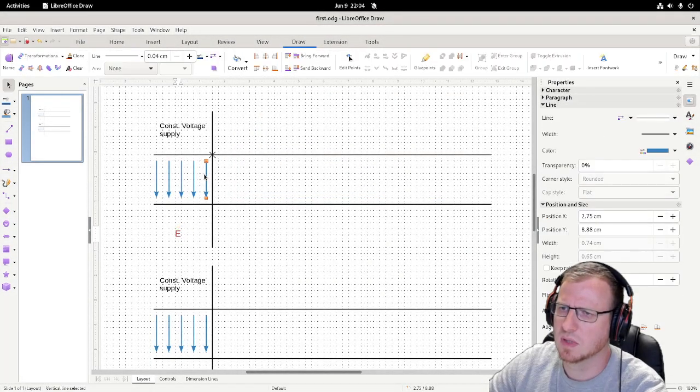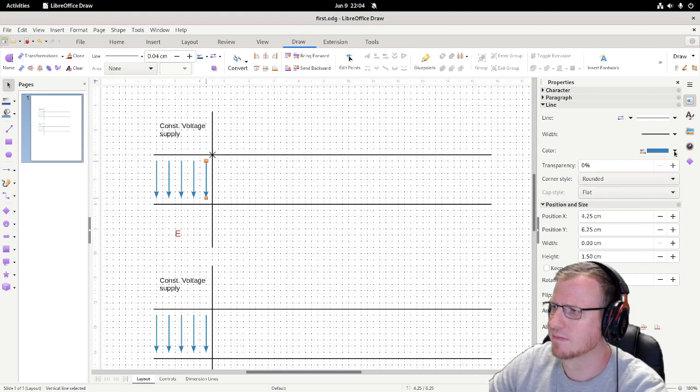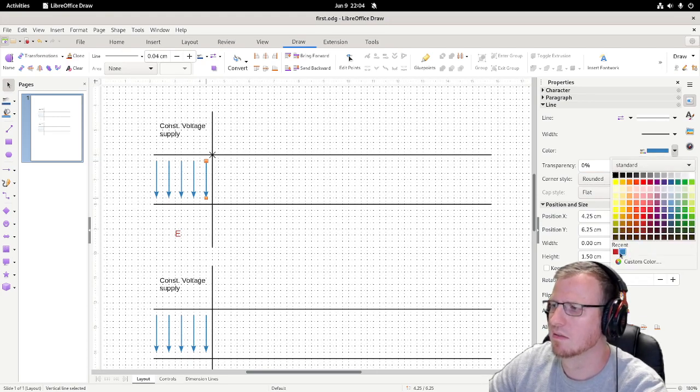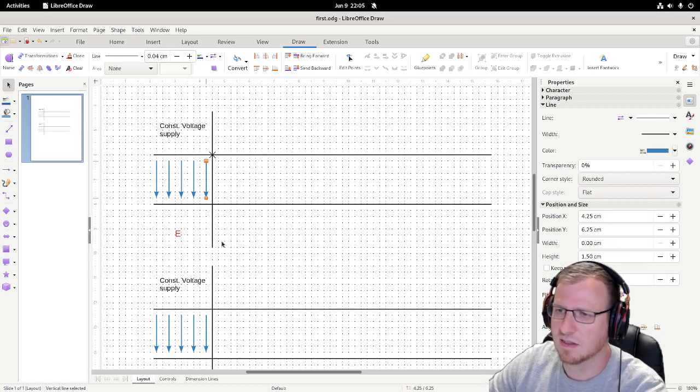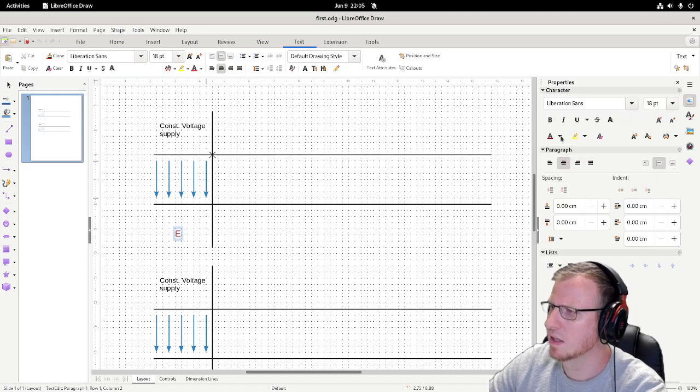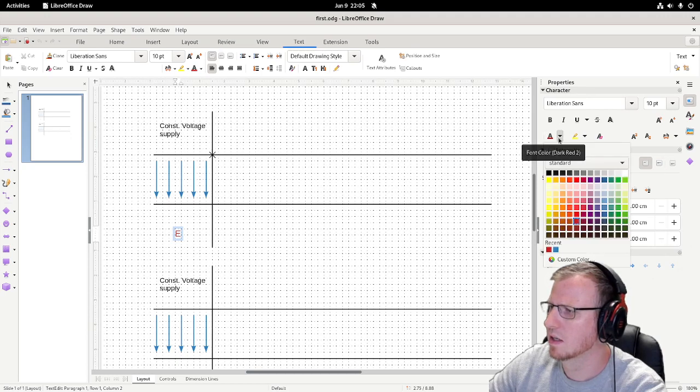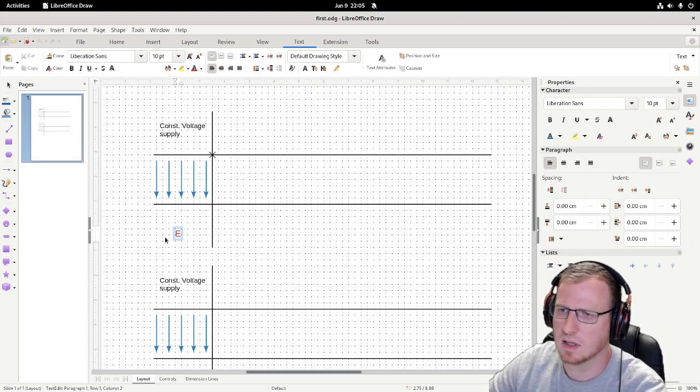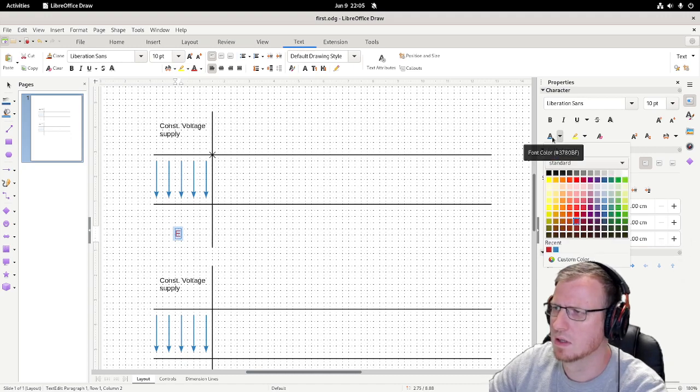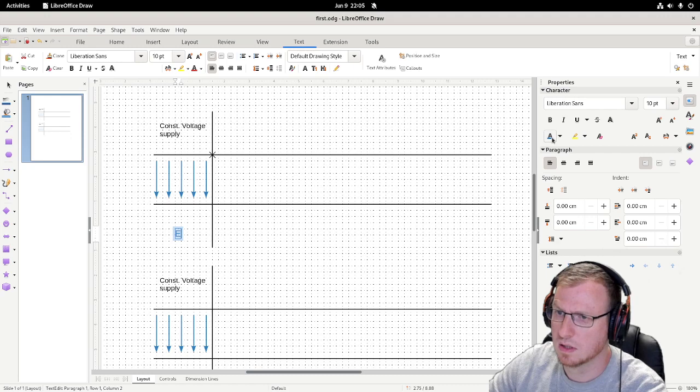I want it to be the same color as this, and of course I have a recent color here. Yeah, perfect. Nice.